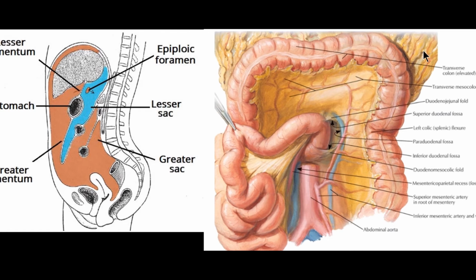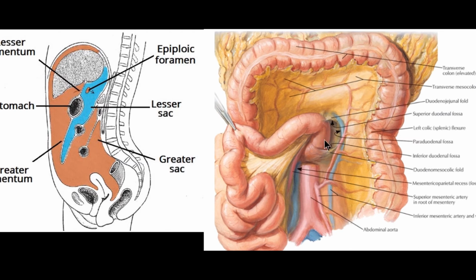Apart from this, what you can see in this illustration is that the jejunum and ileal loops have been retracted to the right. This is the right side here, and when they are retracted, you can actually see the fourth, ascending part of the duodenum curving anteriorly to join with the jejunum, this being the duodeno-jejunal junction.